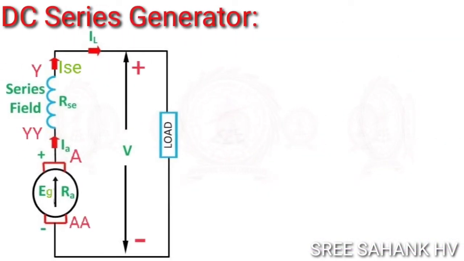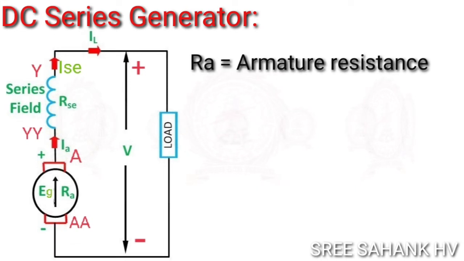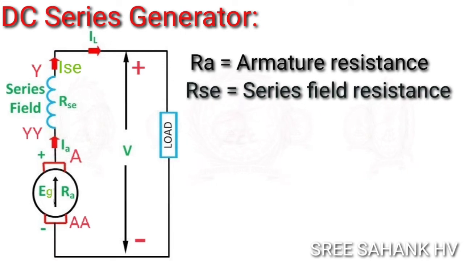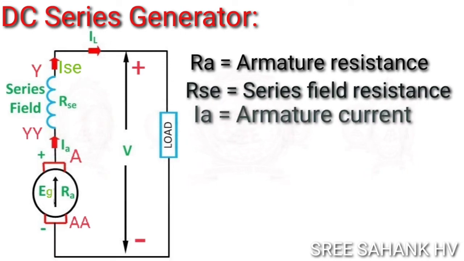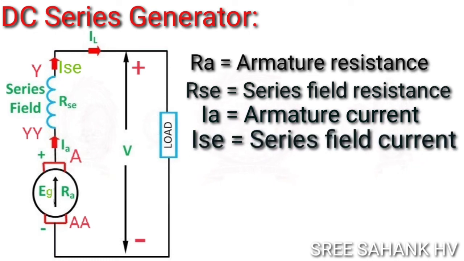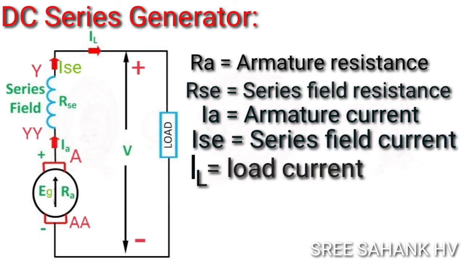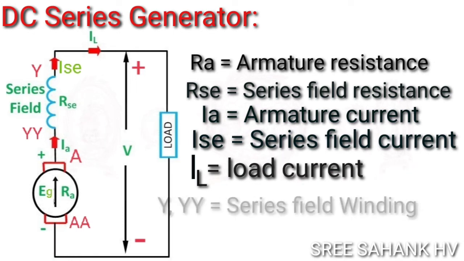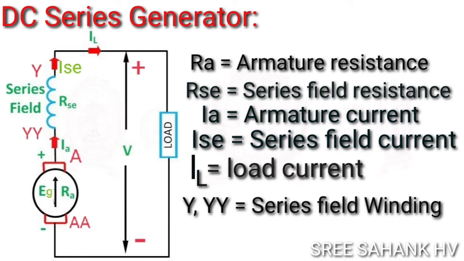Next is DC series generator, where RA is armature resistance, RSC is series field resistance, IA is armature current, ISC is series field current, IL is load current. Finally, the YY is the series field winding.